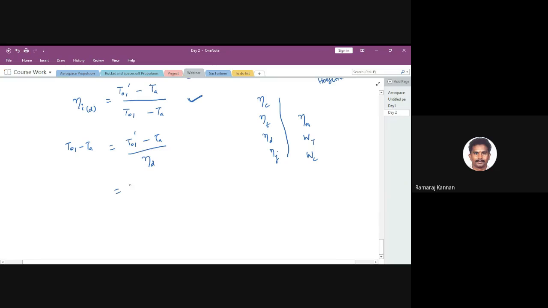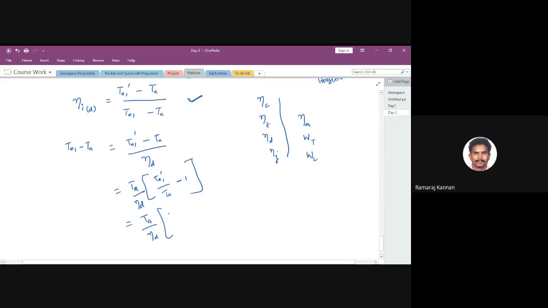So we can take TA outside. By your isentropic efficiency, T01'/TA minus 1. So this is your TA by TD.